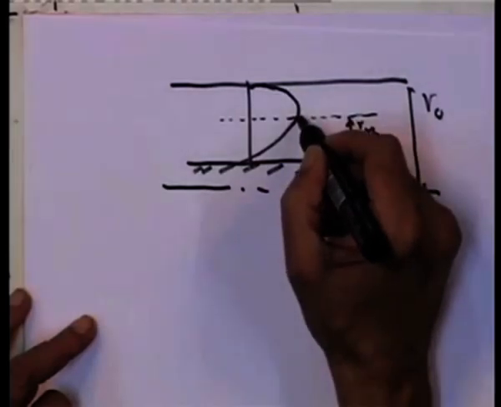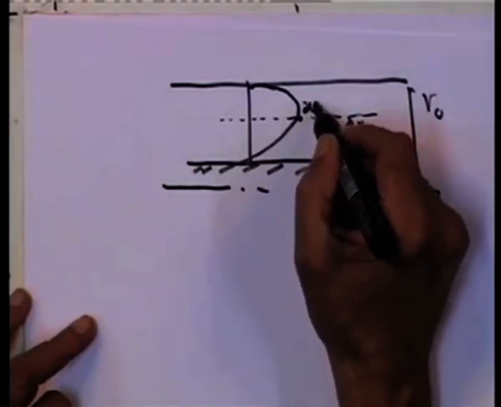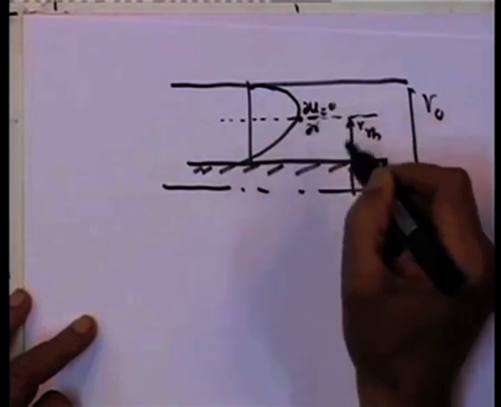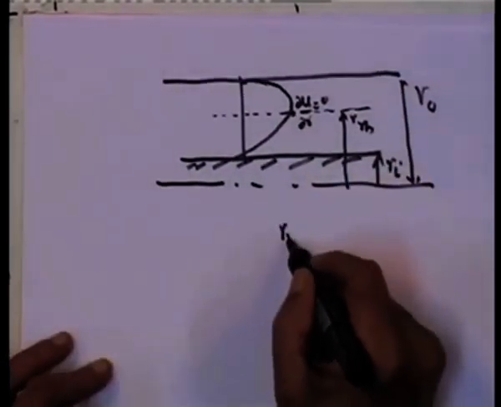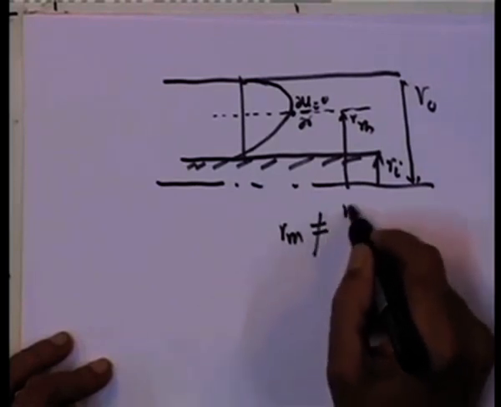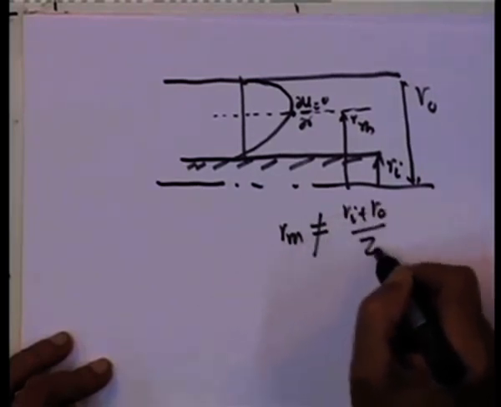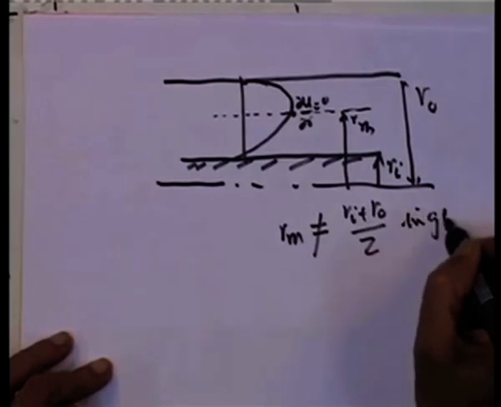Then the point at which du/dr is 0 is the radius r_m. Remember, r_m will not equal (r_I plus r_O)/2 in general.